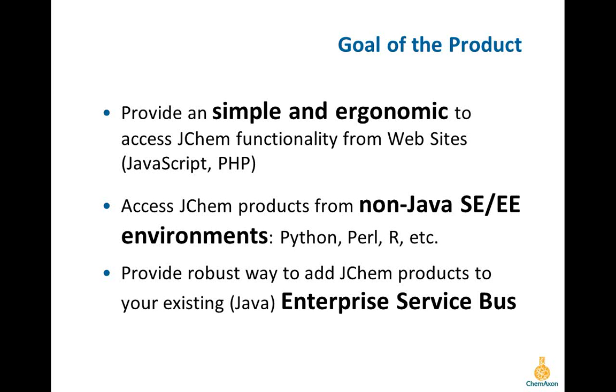The second aim with this product is to provide access to JChem products from non-Java APIs, languages like Python, Perl, and R. So you can use all of our computational and database products. And the last thing is that it may provide a nice API to integrate our product even into Java products, where these products are integrated through an enterprise service bus or other service-oriented architecture.